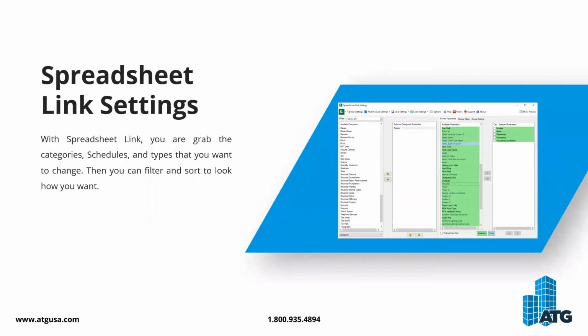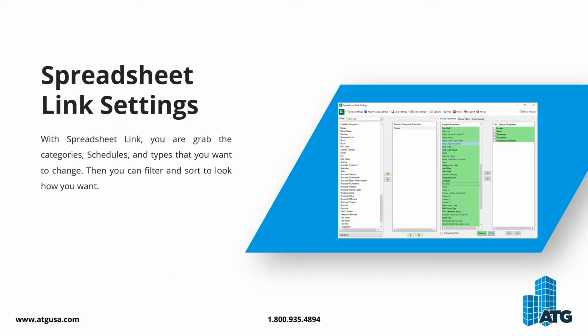All right, so the first thing with Spreadsheet Link, for those that may not have used it, I'm just going to give a brief description of it, and then we'll go through the formula portions. When you launch the tool, you get the Spreadsheet Link Settings. In the settings, you're allowed to pick your category, your schedules that you want to grab, and also the types, for your family types.